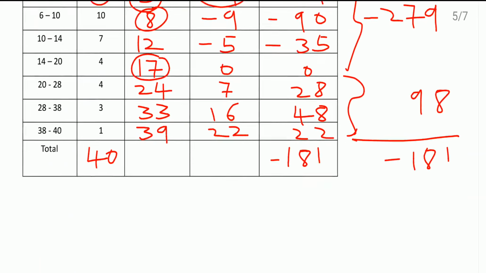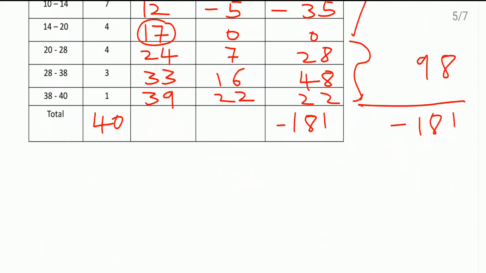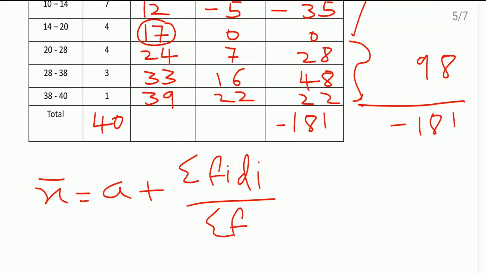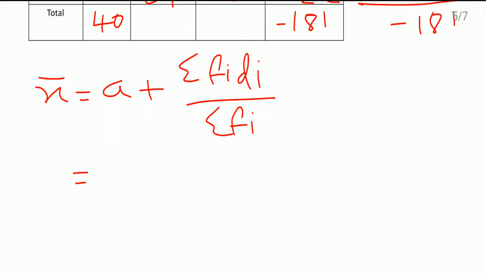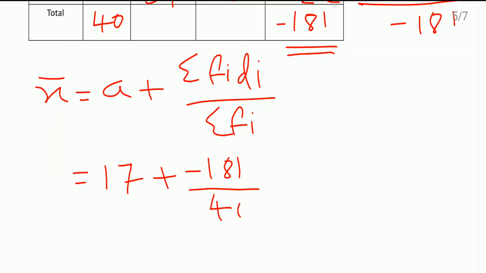Here we will use the formula for the assumed mean method. x bar is equal to A plus sigma fi di divided by sigma fi. We just substitute the values. Our assumed mean A was 17, plus sigma fi di, which is minus 181, divided by the total number of students, 40.